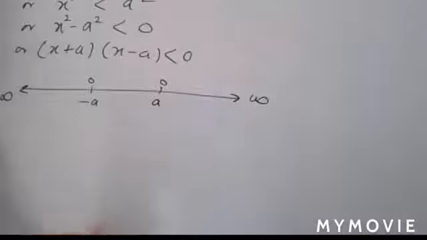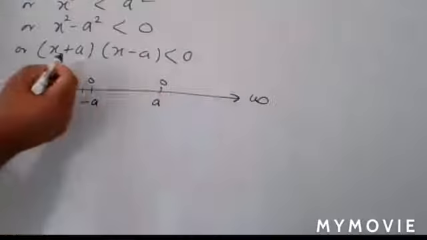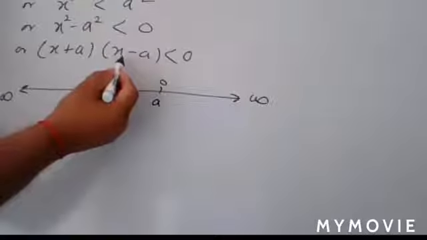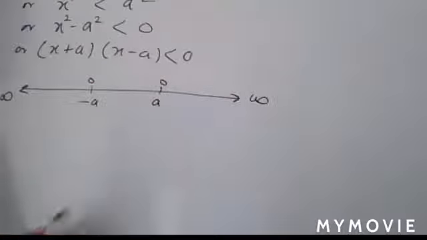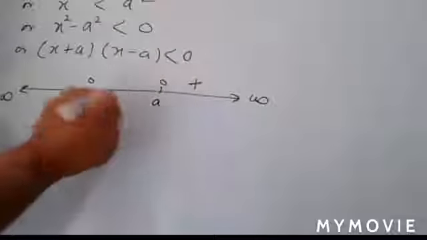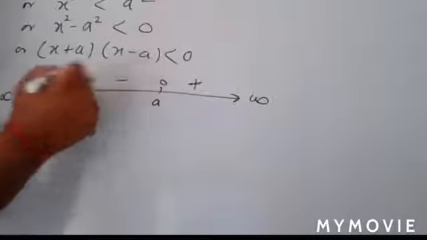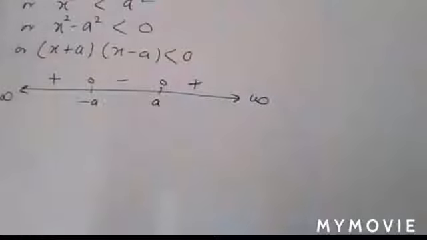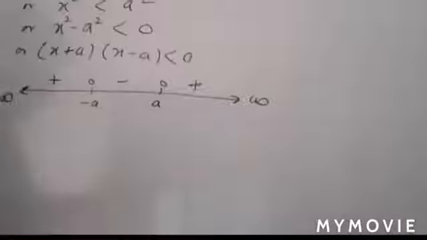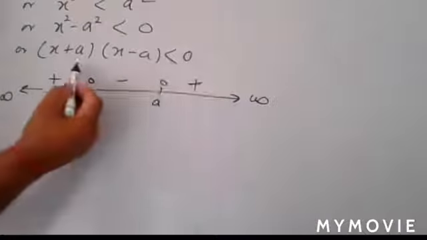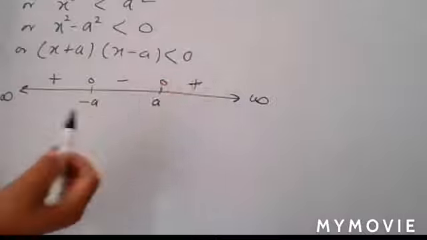If you put a value greater than a, this factor becomes positive, and the other factor is also positive. So that is your positive region. No doubt the sign alternately changes, so positive, negative, positive. Now see again, the complete product is less than 0, meaning negative.